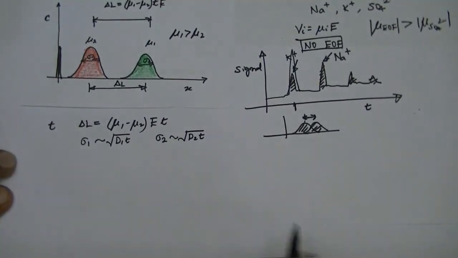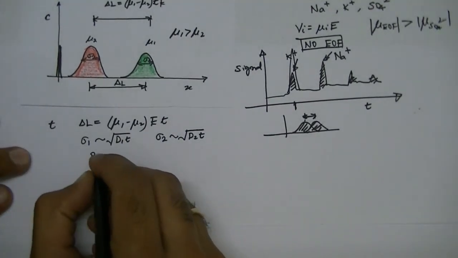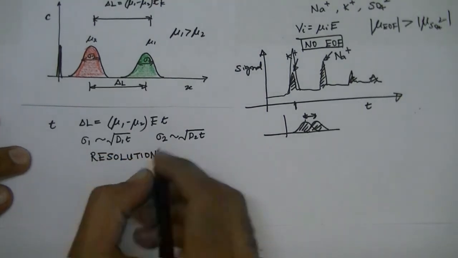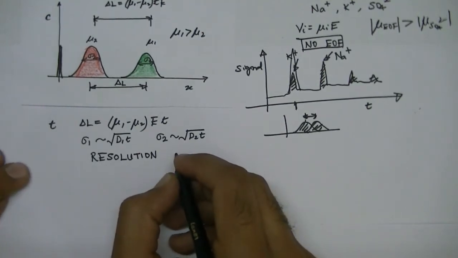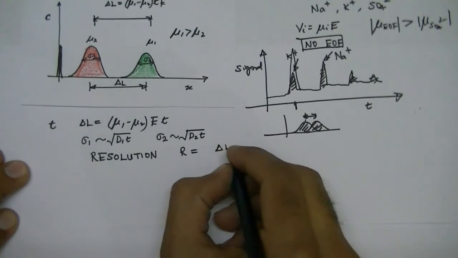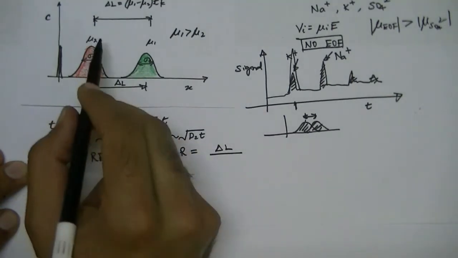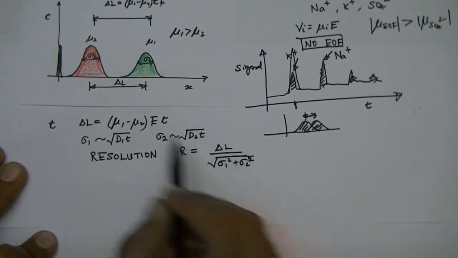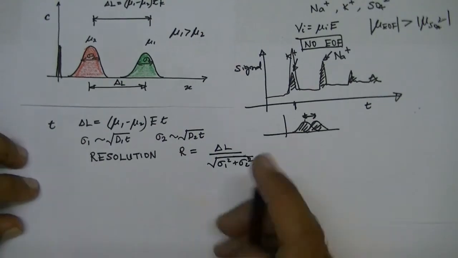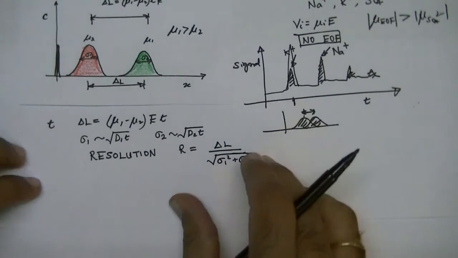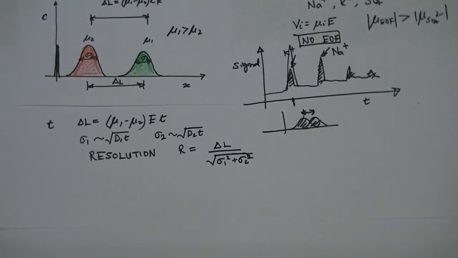So we can define a metric called resolution, R, defined as the distance between the two peaks divided by a measure of the width of these two peaks. That is given by square root of sigma 1 squared plus sigma 2 squared. Now we can simplify this relation, and let's see what we get.